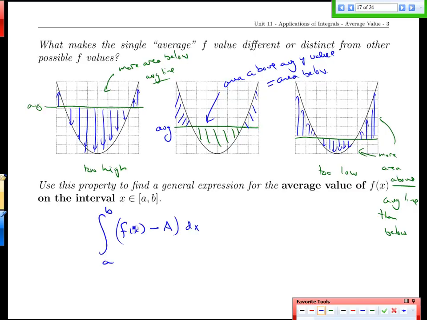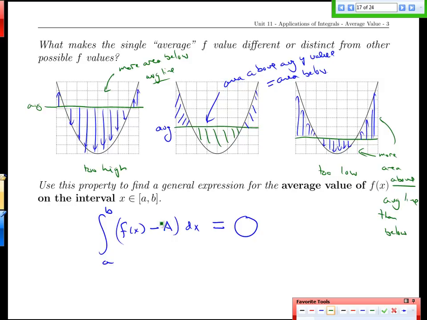If we had the function being above the graph times little units of delta x, canceling perfectly with when the function is below the average, so we get negative values here, times little units of delta x. If that all cancels out and gets 0, then a would be our average value.